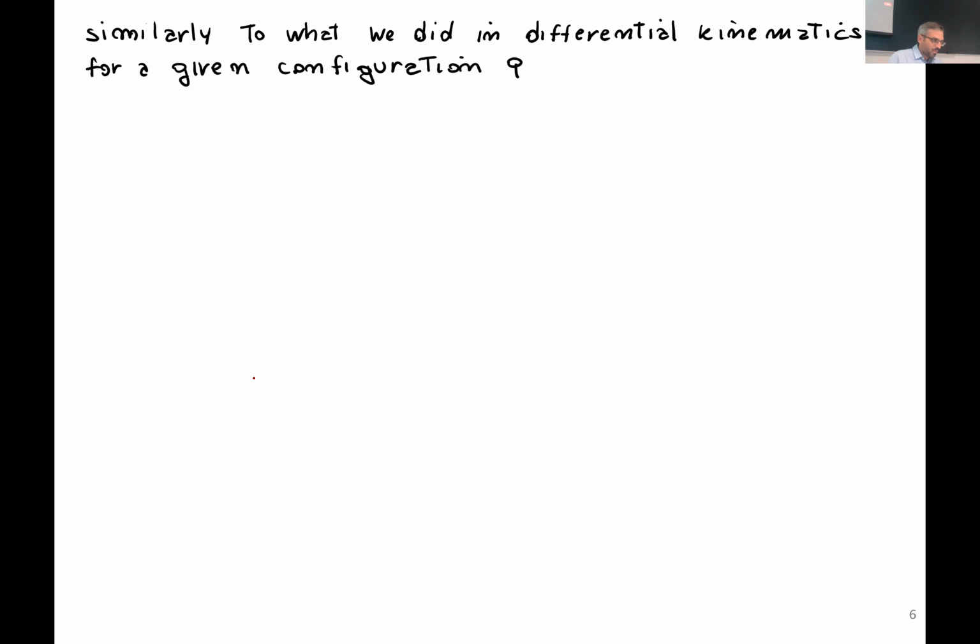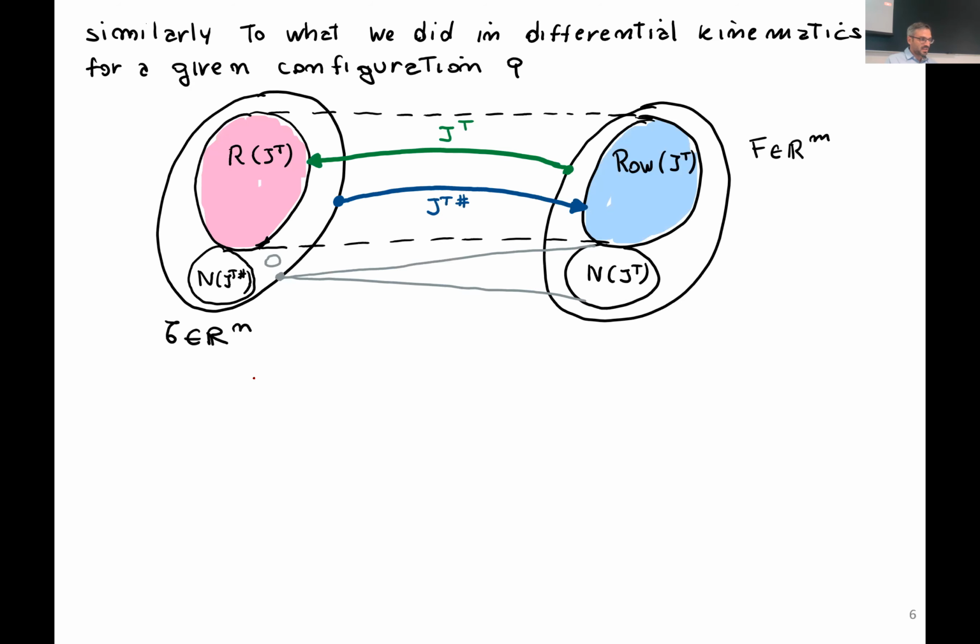So similarly to what we did for velocities, we can do the same analysis of range space and null space, but this time we consider as mapping not the Jacobian, but the Jacobian transpose. So here we pass from end effector forces that live in Rm, and through the Jacobian transpose, we map into the range space of J transpose, where live torques that are vectors in Rn.